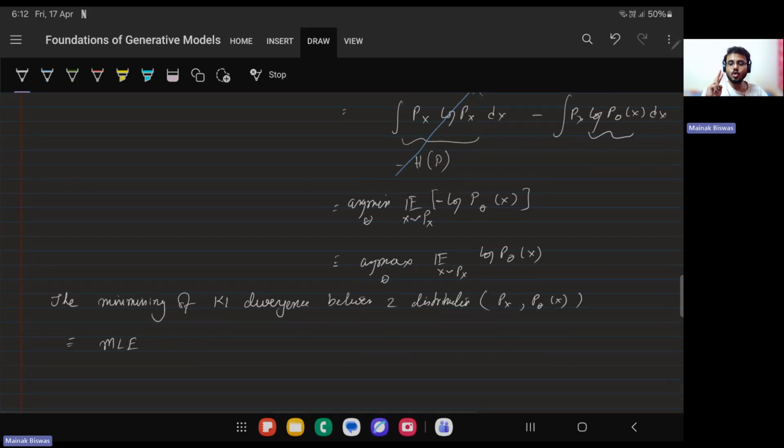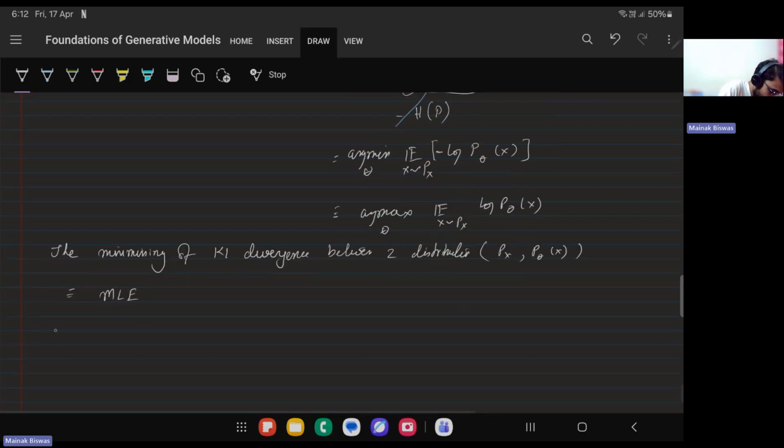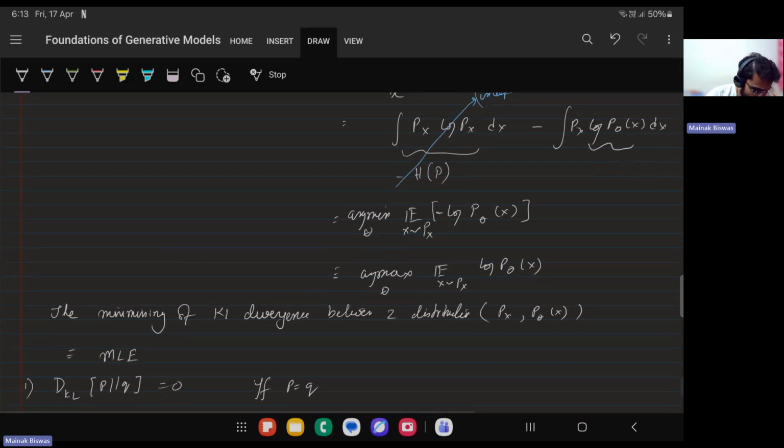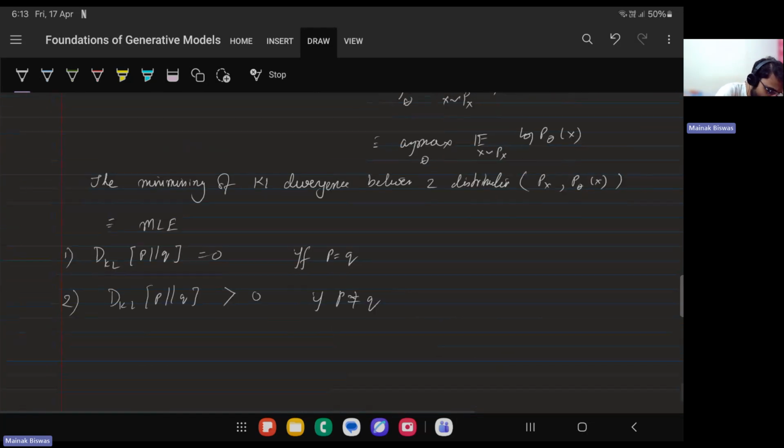So I will talk about properties of the KL divergence. One we already saw: dKL of P and Q is equal to 0 if and only if P equals Q. Second property is dKL PQ is always greater than 0 if P is not equal to Q. And the other property, it's a distance.